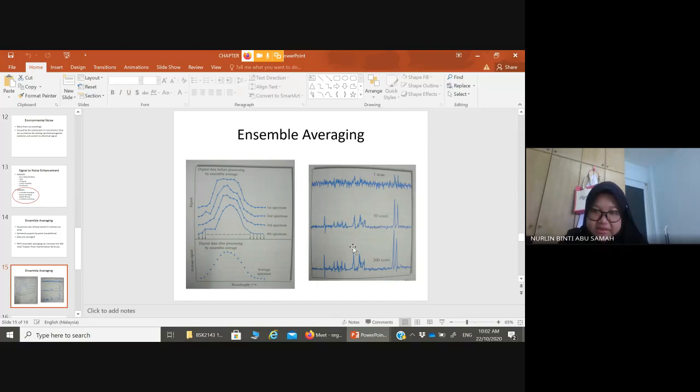By the time you do 200 scans, the output will become better. So you can see that enhancement occurred when you do the ensemble averaging.